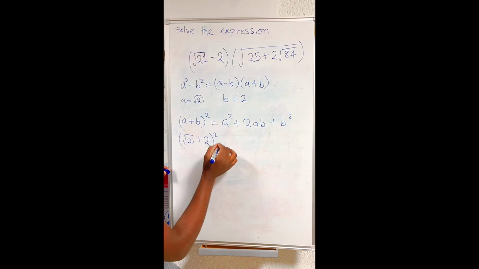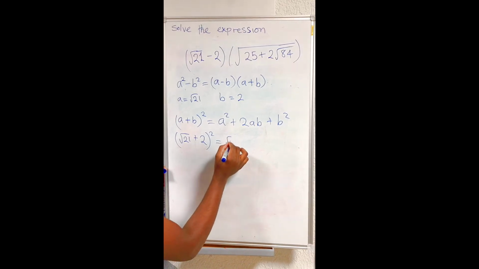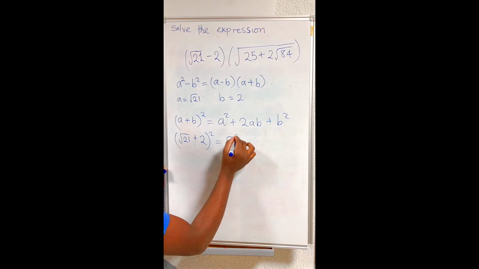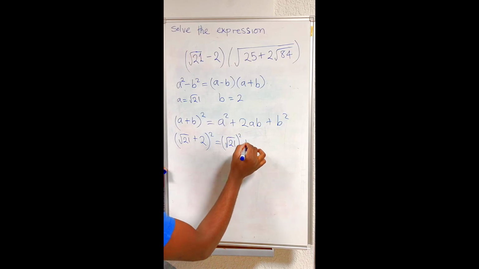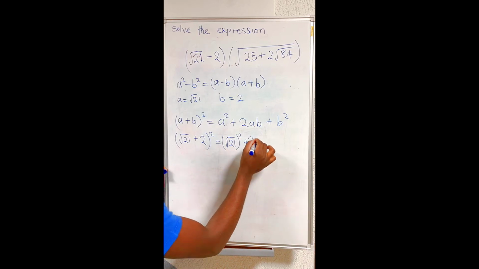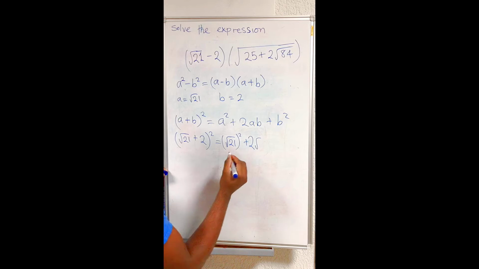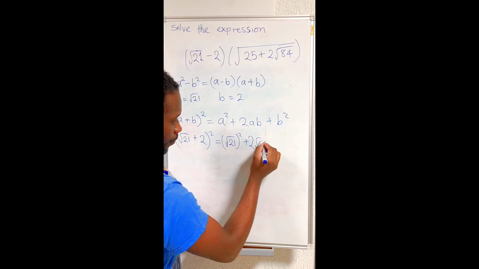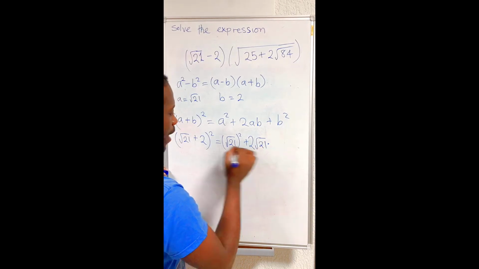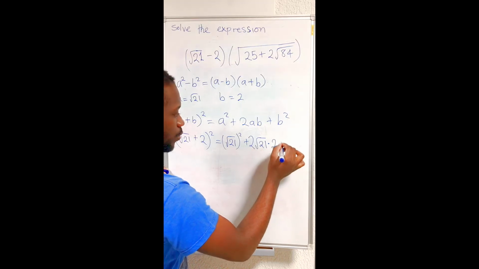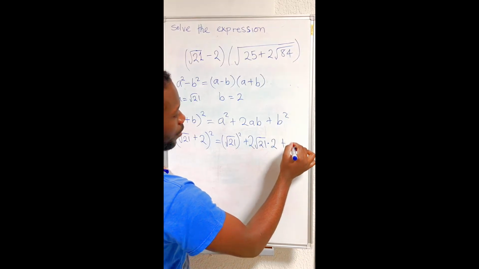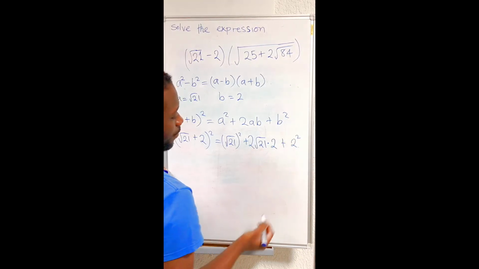When we expand, this will give us root of 21 squared plus 2 root of 21 multiply 2 plus 2 squared.